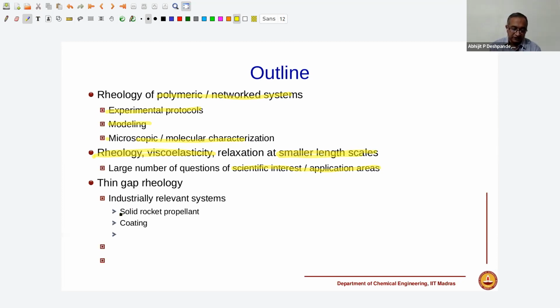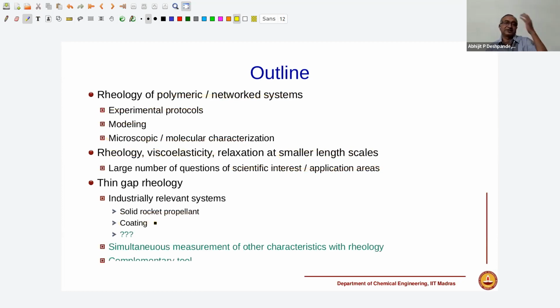And so I closed with a couple of examples of our recent work on industrially relevant systems. And in closing, of course, I would like to say that there are several such material systems which still remain to be probed at thin gaps or at lower length scales.